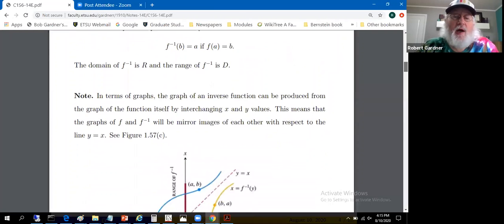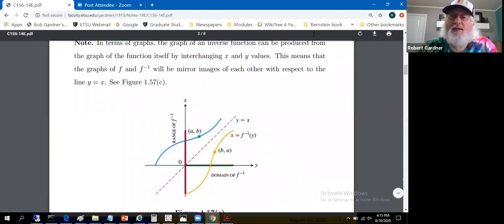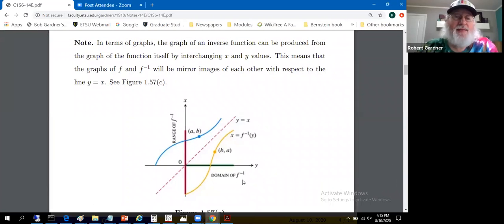Because of that, if we were to graph a function and its inverse on the same collection of axes, then we can produce the graph of an inverse function by interchanging x and y values. That's what the definition implies. What that implies in terms of graphs of functions and their inverses is a mirror image relationship.